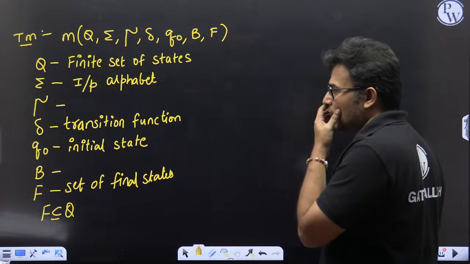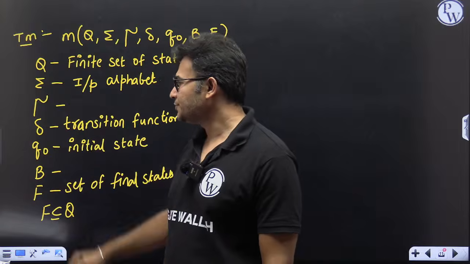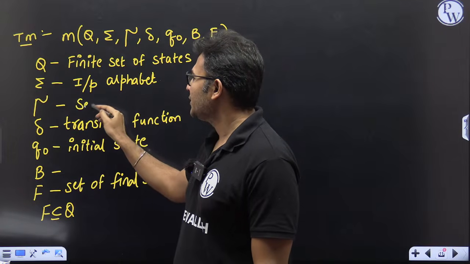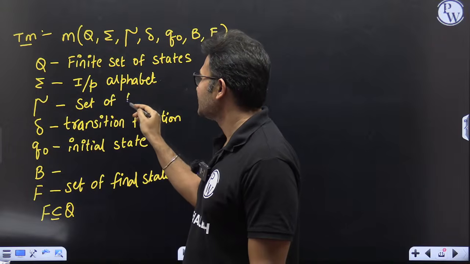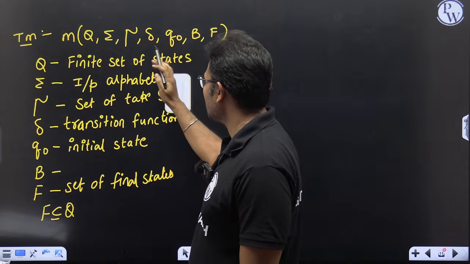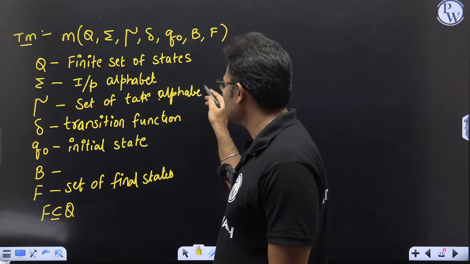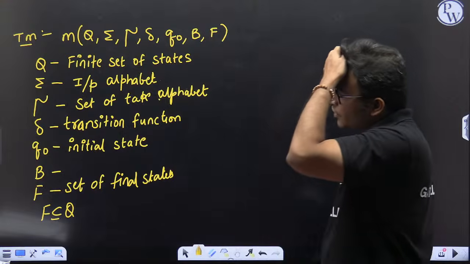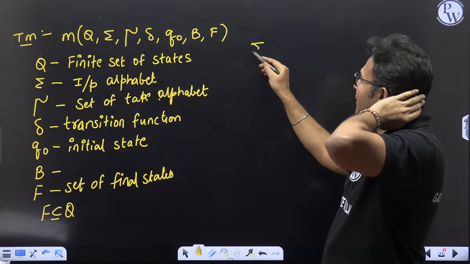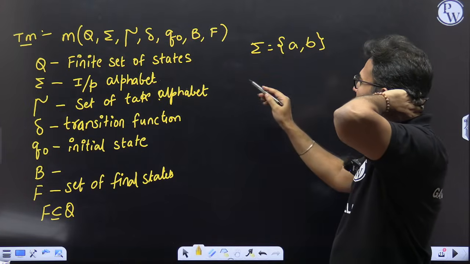Fine. Now there are only two things remaining: tau (or gamma) and B. Tau is the set of tape symbols, the tape alphabet. Sigma is the input alphabet, which can be a, b.